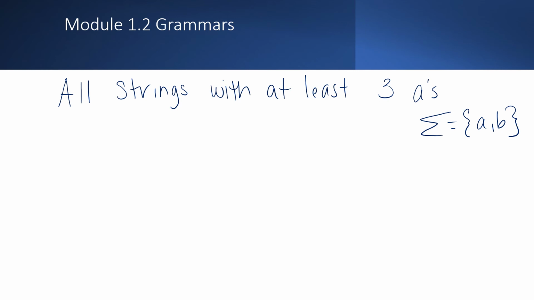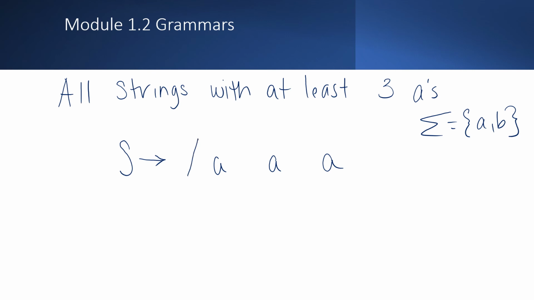So we will start by generating 3 A's, and then we can add any number of other A's and B's anywhere we want. So if we have an A and an A and an A, it doesn't matter where the A's are in the string.